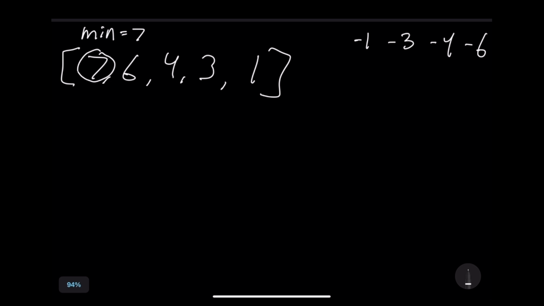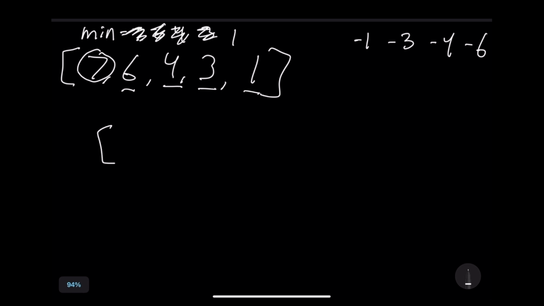And if any of the numbers we see after it are less than that, then we can skip processing the 7 and just go straight to the 6. And then if this next one is less than that, we just go straight to the 4. And then if the next one's less than that, we go straight to the 3, straight to the 1, and then we're at the end and we never found anything.